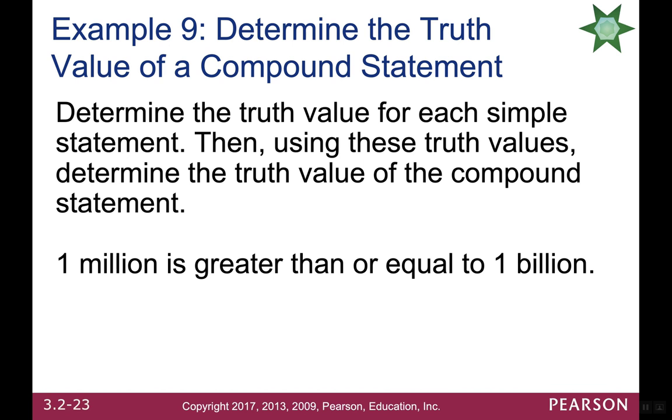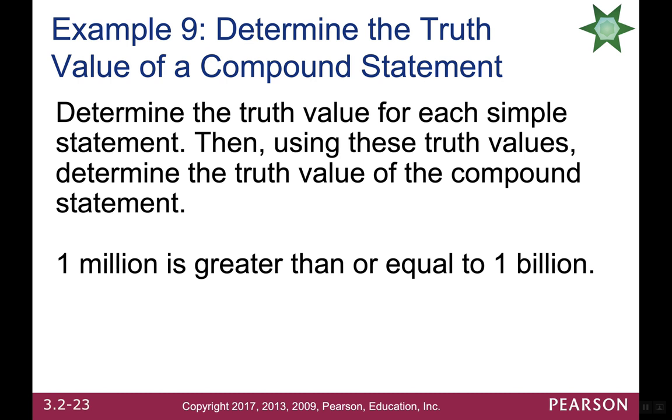Okay, example 9, determine the value of a compound statement. Determine the truth value for each simple statement, then using these truth values, determine the truth value of the compound statement. Okay, so this is where the game gets a little more interesting because you have those connectors. 1 million is greater than or equal to 1 billion.